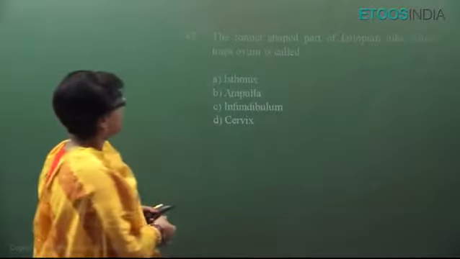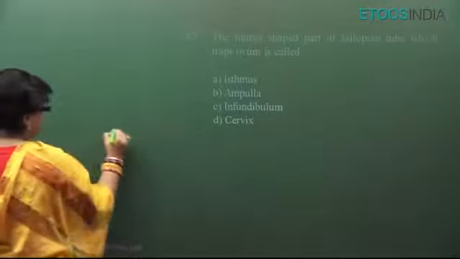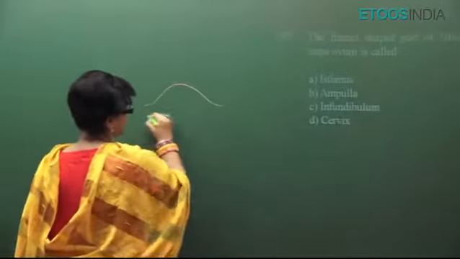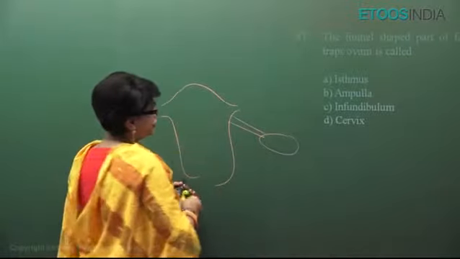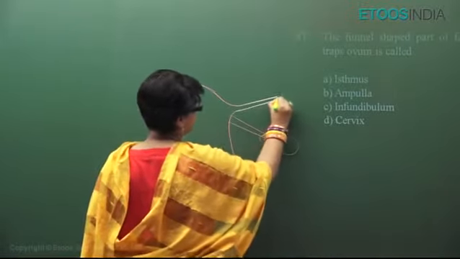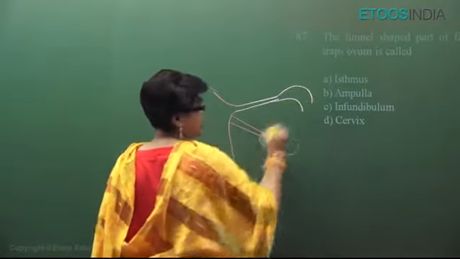Now, the funnel shaped part of fallopian tube which traps the ovum, it should be nearest to the ovary. We know fallopian tube has 3 parts according to NCERT. Suppose this is the uterus, right? Here is the ovary. Fallopian tube, this is the isthmus part, closest to the uterus. Then this largest dilated part is the ampulla.